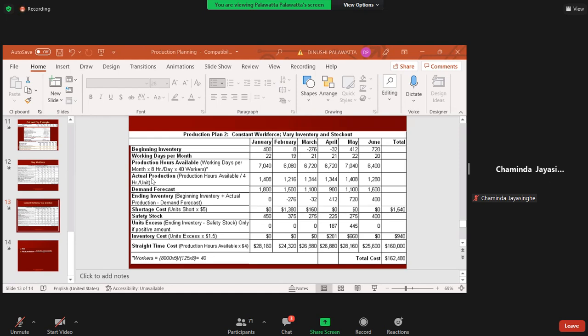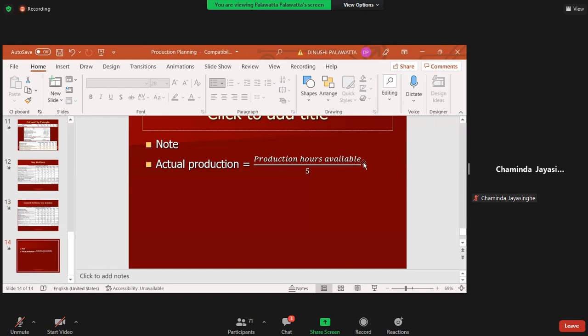You see the purpose of the safety stock is to supply from... Let's say you keep an order, let's say you keep the average demand to supply average demand.